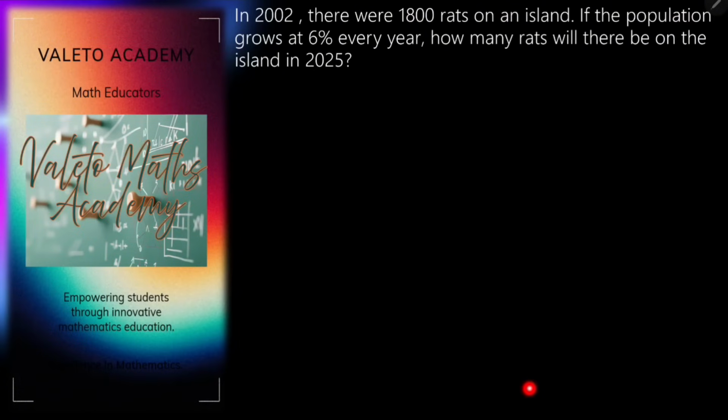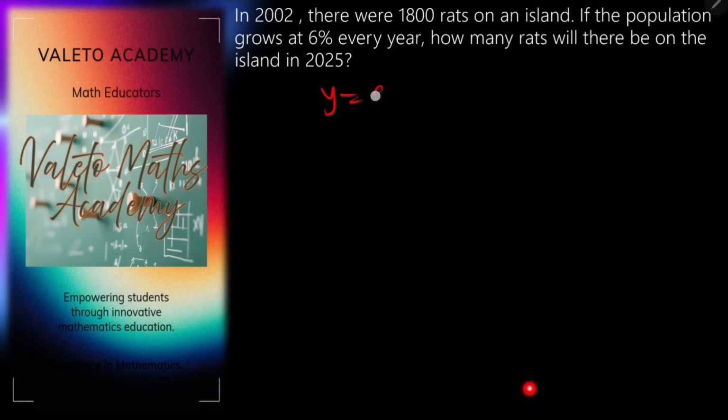So this question now, is it an exponential growth or a decay? This is an exponential growth since we're expecting the rates to increase by 2025. So we bring out our formula. We have a percentage here.